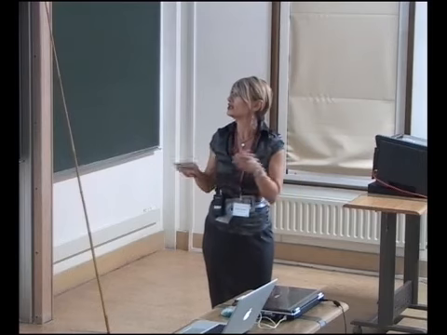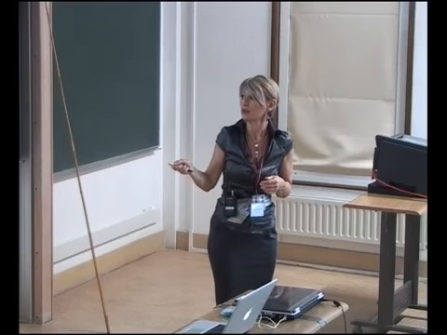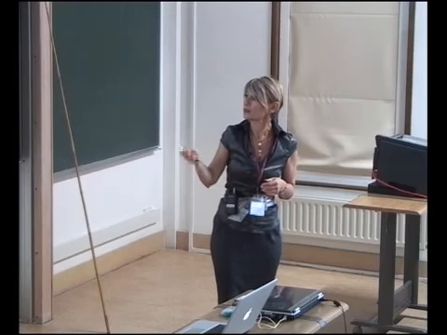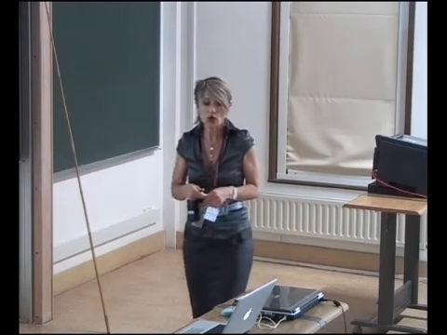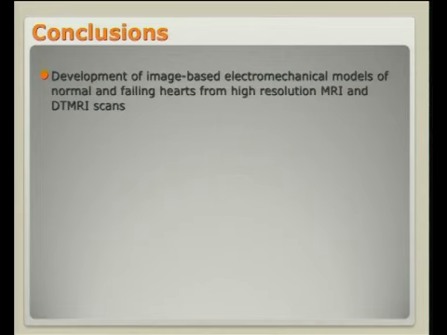In the failing heart, these slopes are always larger. So in heart failure, the late activated regions are associated with an additionally extended electromechanical delay as compared to the normal heart. This was an important conclusion we drew from here, which can be very important in understanding how to improve CRT.